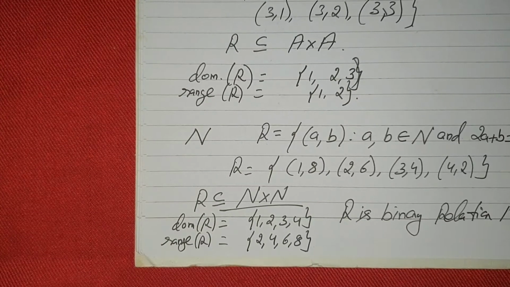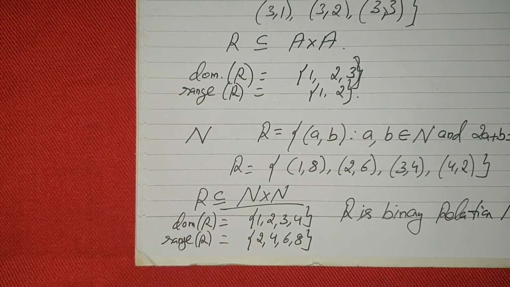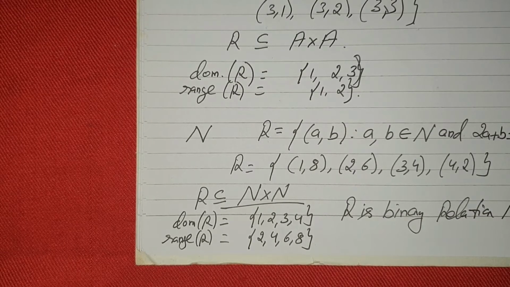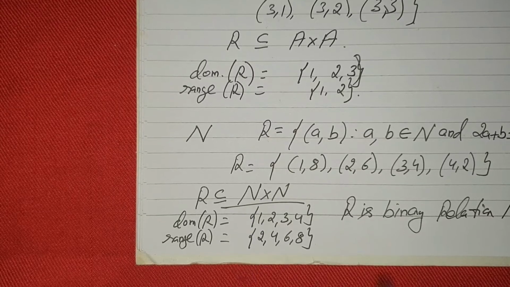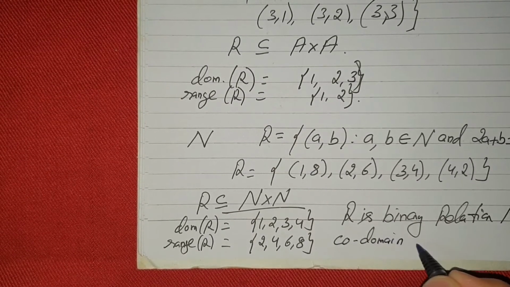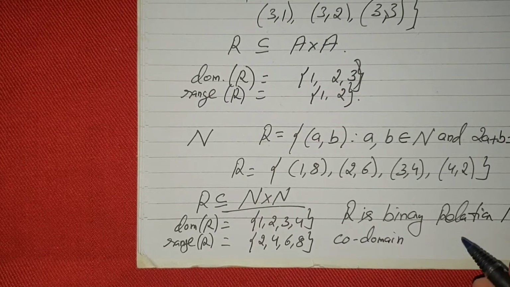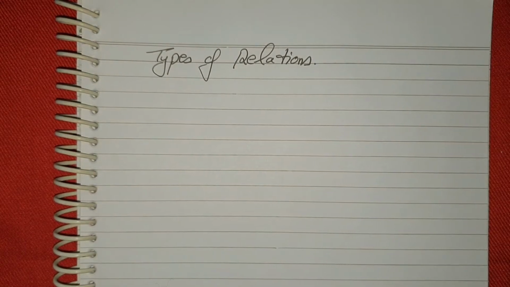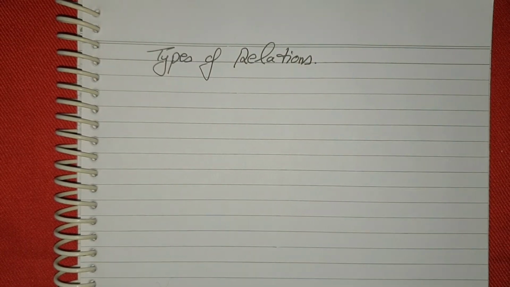So this is the range of R. And again, to find the codomain, codomain is basically the set B. The codomain is N, natural numbers.